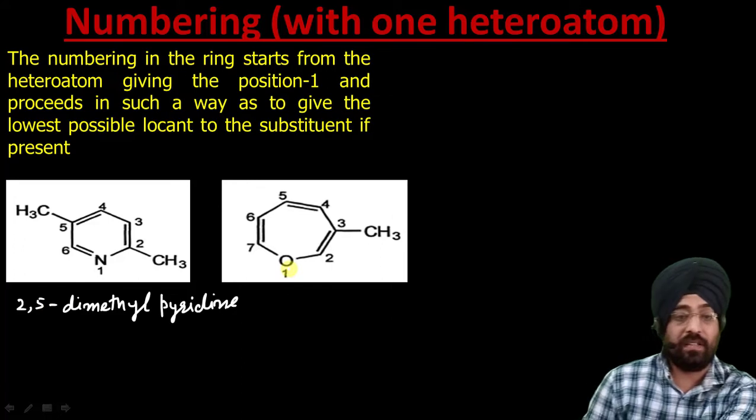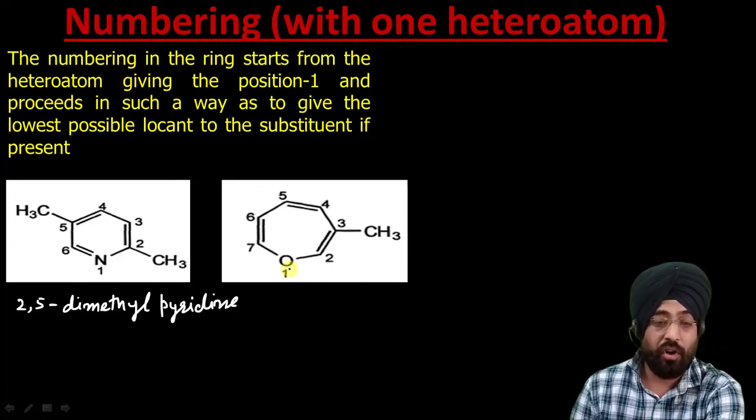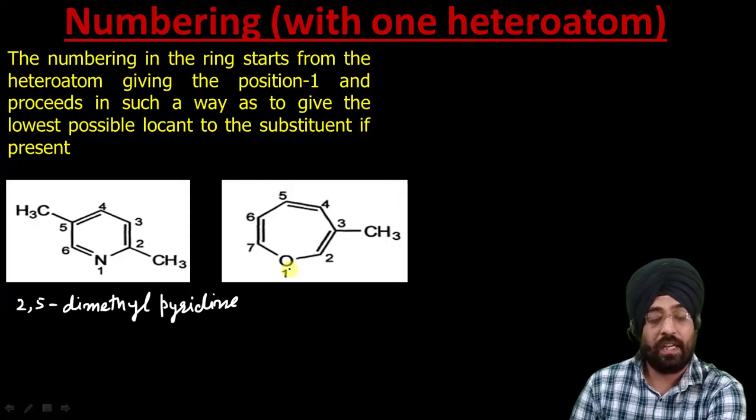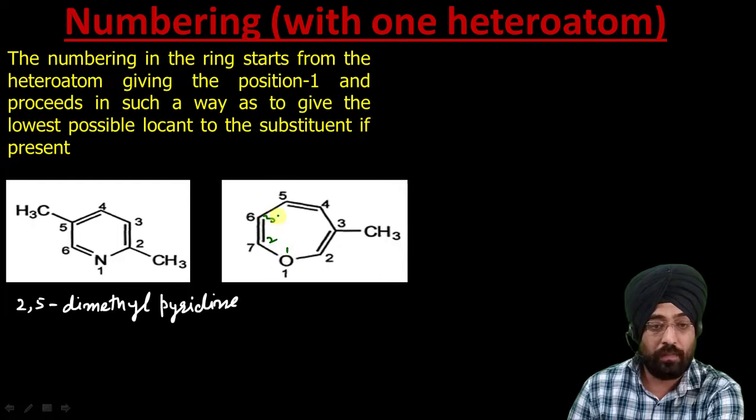The second case is this. Again, we have to start the numbering from the heteroatom. The heteroatom is oxygen, so we will start numbering from here: 1, 2, 3, 4, 5, 6, 7. The other possibility will be 1, 2, 3, 4, 5, 6, 7.